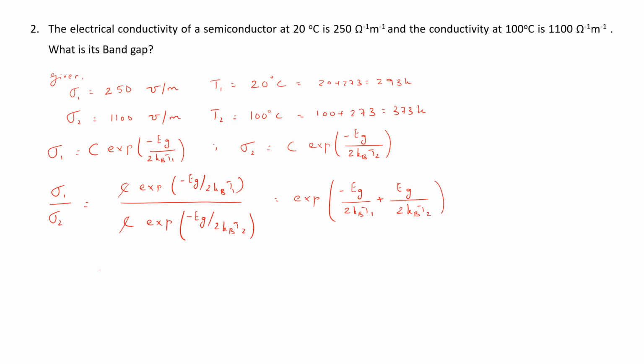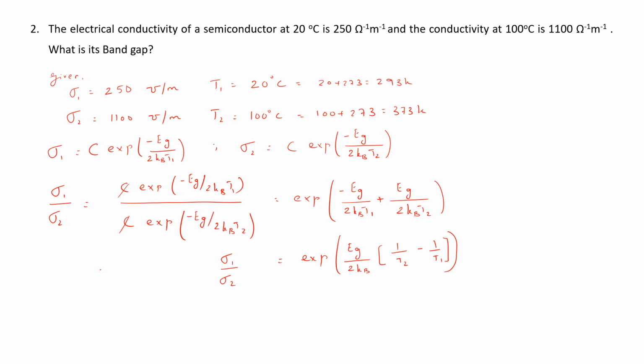So what can I write now? Exponential, I will take Eg divided by 2 kB commonly, then write 1 by T2 minus 1 by T1. You understand? This is minus 1 by T1, here plus 1 by T2, so I am ordering it properly. That is my sigma 1 by sigma 2.